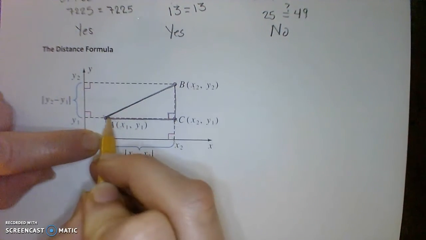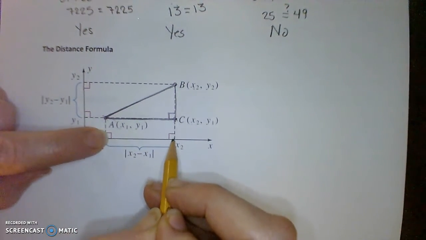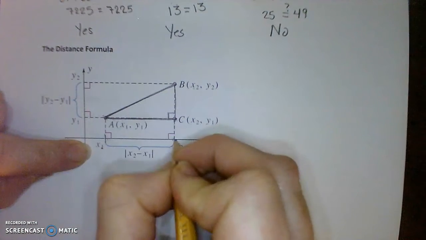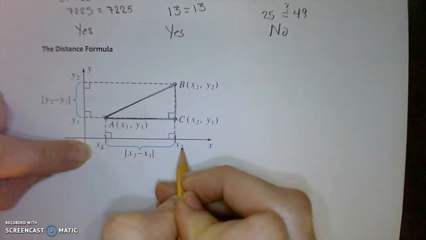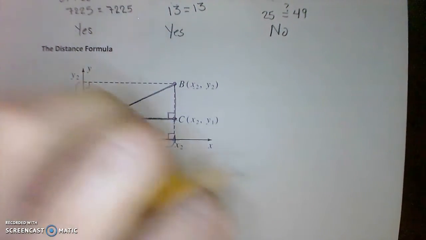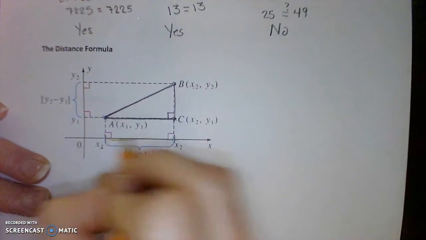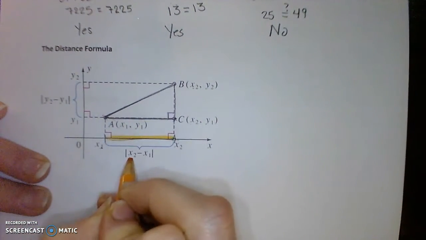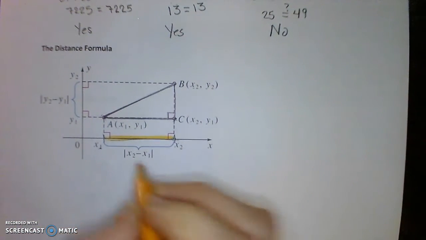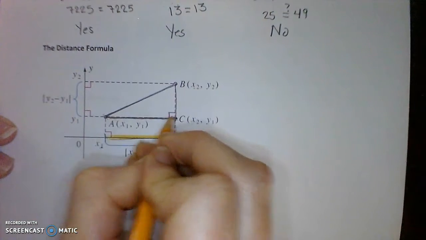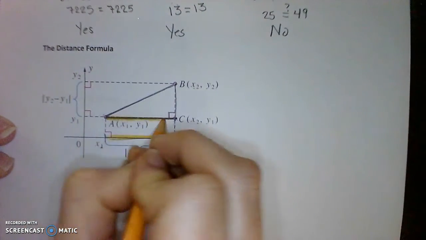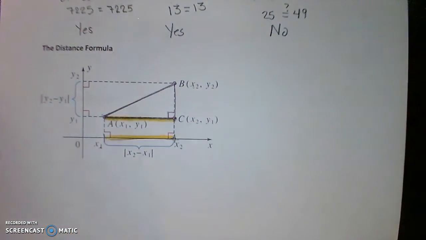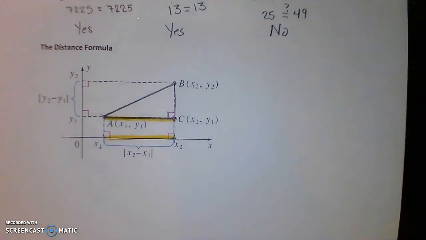So the distance here, this length, is the distance between those 2 points on the number line. Here's x1, here's x2. So this length here is x2 minus x1 in absolute value, because you want to make sure that you don't accidentally subtract in the wrong order and get a negative distance or something.